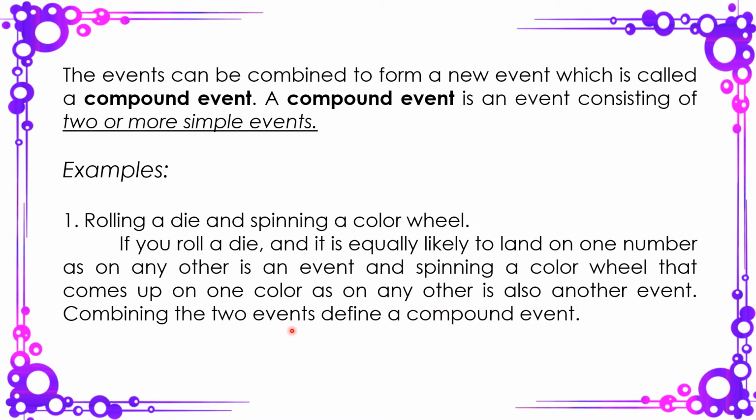Combining the two events defines a compound event. Or, rolling a die is an example of a simple event, and spinning a color wheel is an example of a simple event. So if we combine these two simple events, it is called a compound event.